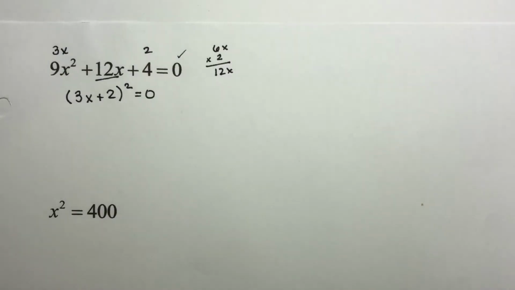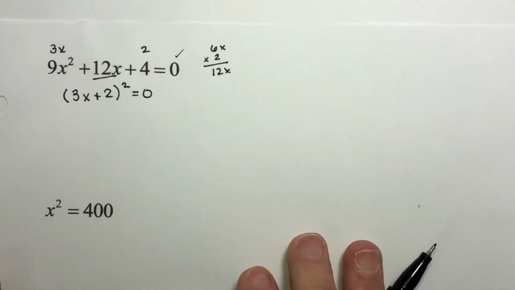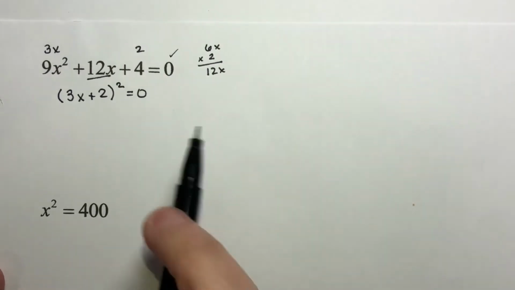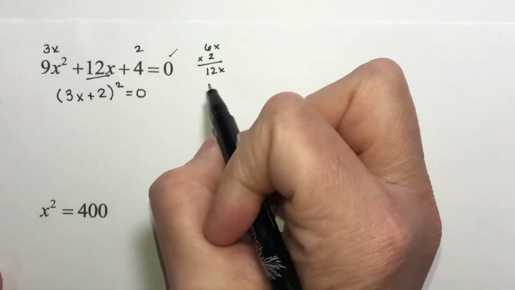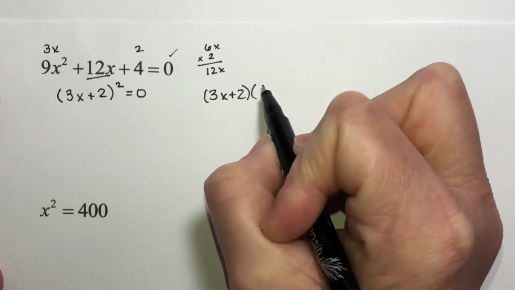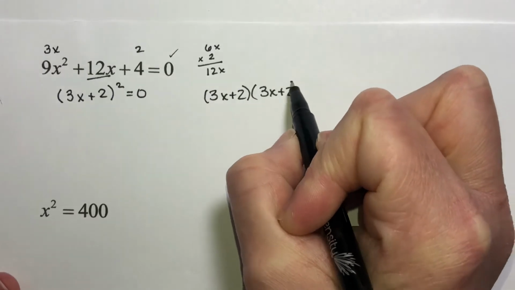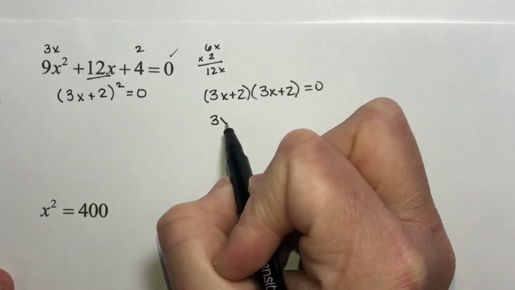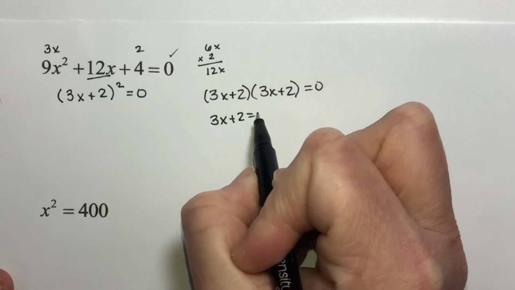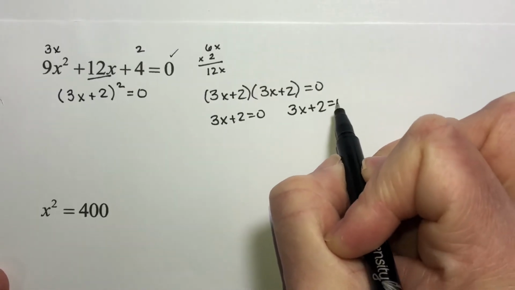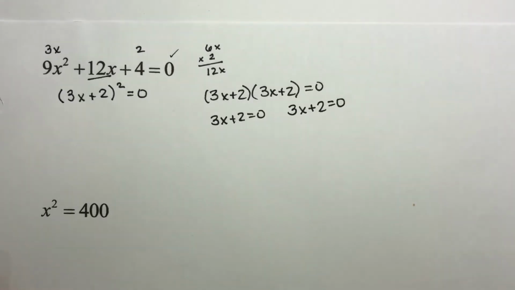Now what we have been doing is taking each set of parentheses and setting them equal to 0. It looks a little bit different here, but realize that this is the same thing as this. If you wanted to, you could set each of these equal to 0, but really you're solving the same equation twice, and there's not really any reason to do that.